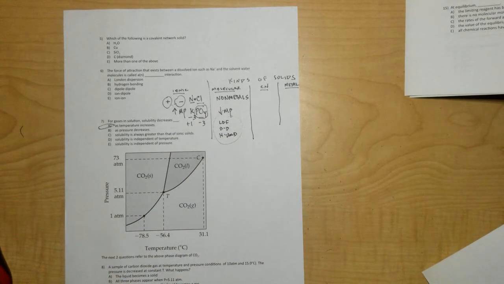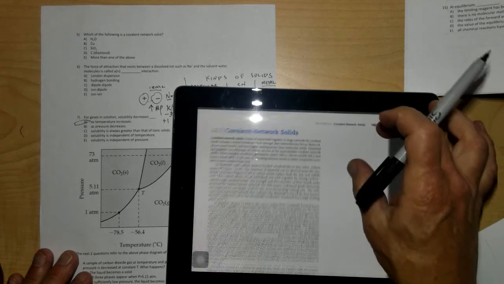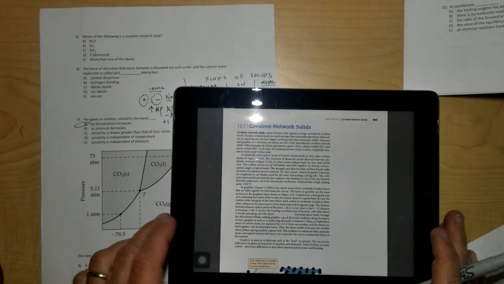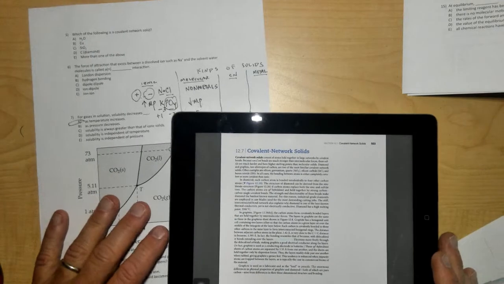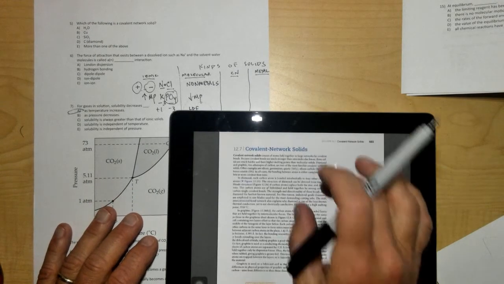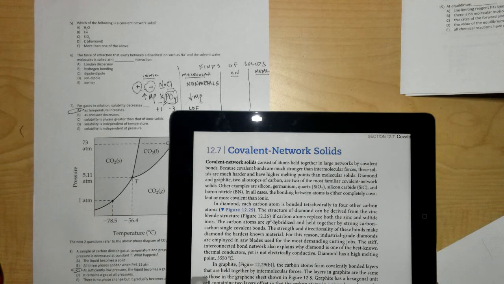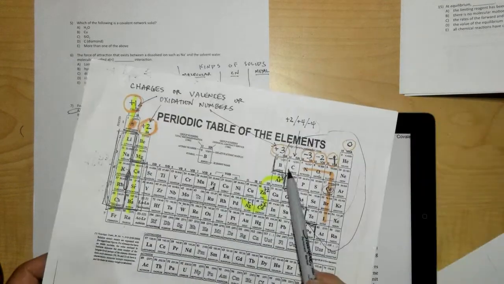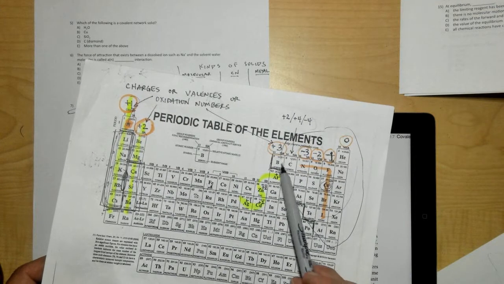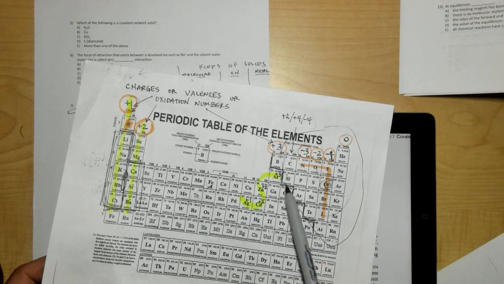Covalent network solids, this is on page 503 of your digital text. This is the 13th edition. They usually contain the nonmetals carbon, silicon, and maybe the adjacent atoms like germanium, phosphorus, nitrogen, boron.